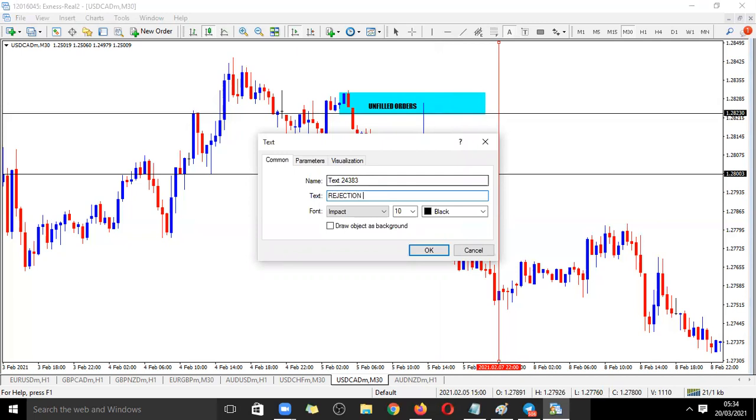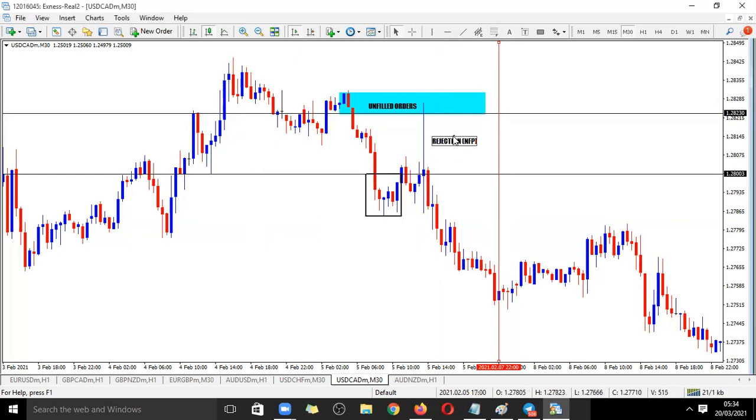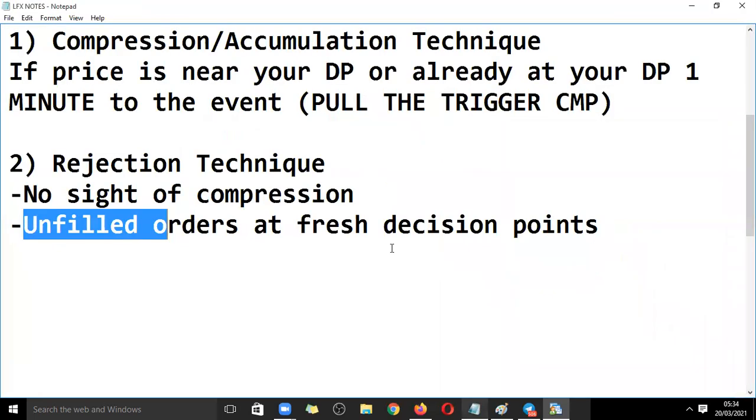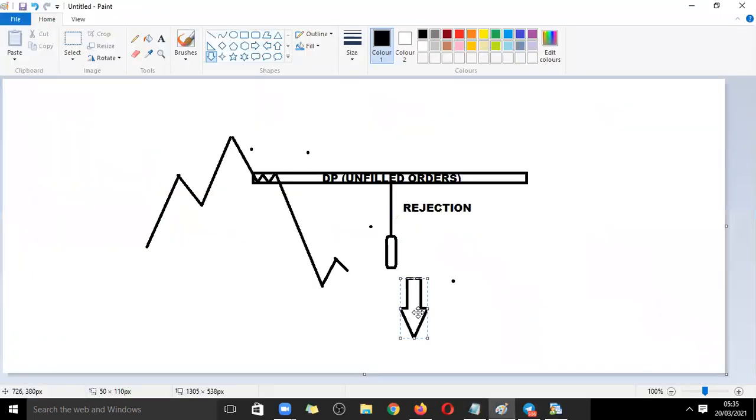That's a rejection, NFP. So that's it. That's basically how the rejection technique works. Price triggers the unfilled orders and then rejects and continues in the original direction, as illustrated here.